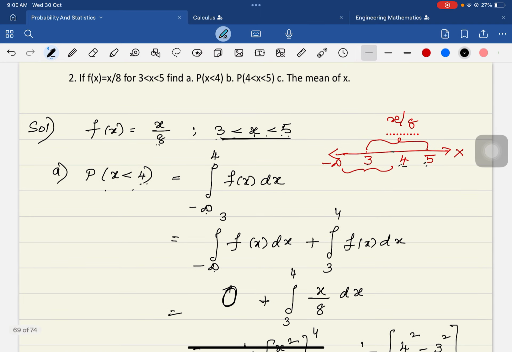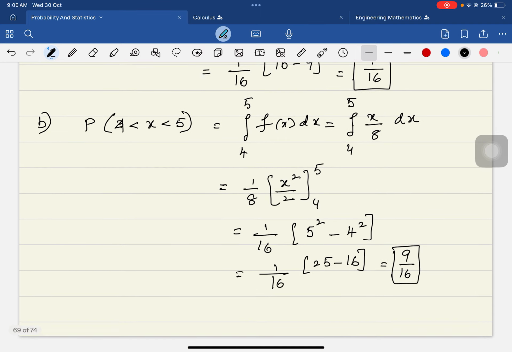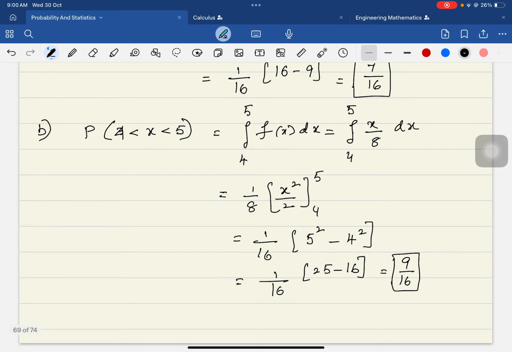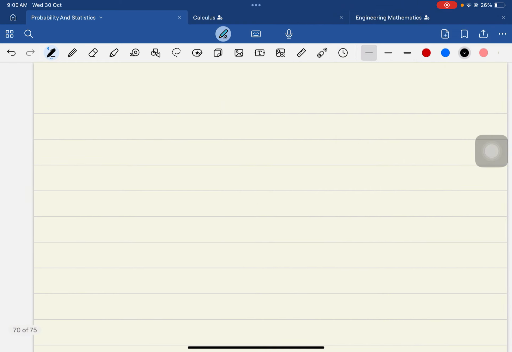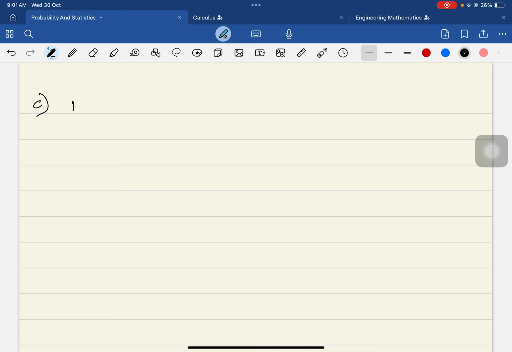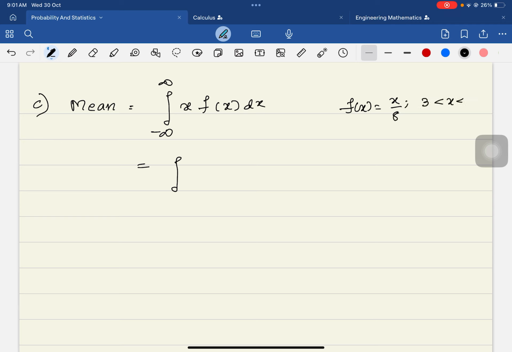Now the next question is, find the mean of x. What is the formula for the mean? The mean is nothing but the expected value, which according to the definition is the integral from minus infinity to infinity of x times f of x dx. But we know the value of the function f of x is x by 8, where x lies between 3 and 5.